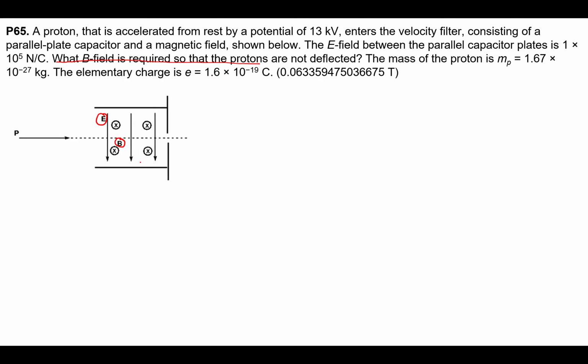But in the case of the electric field, you will find it is forcing down. The electric field is this way, plus and minus, and the proton is a positive charge, so it will move this way. But the magnetic field wants to keep it this way. So we have to have a certain balance between the magnetic force and the electric force, just as in the Hall effect.